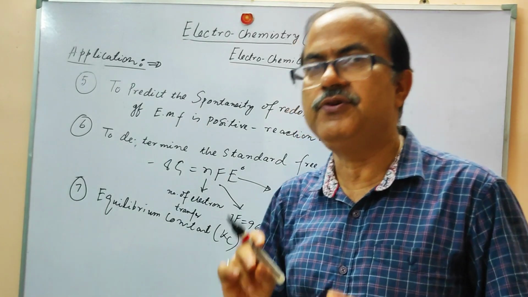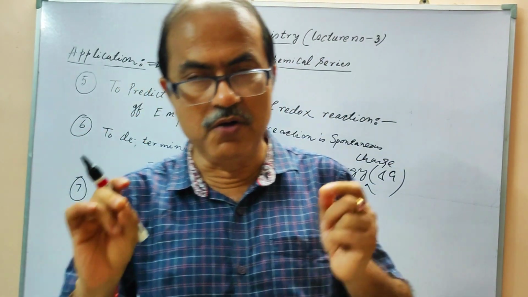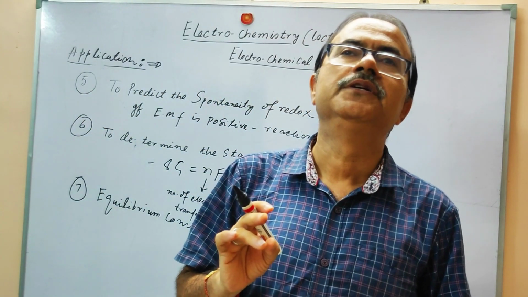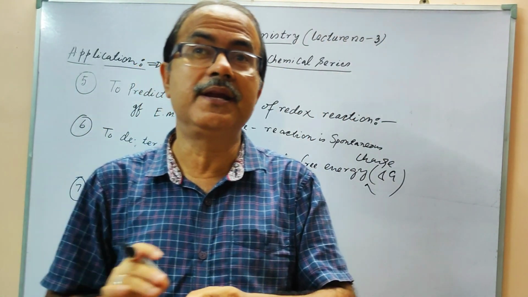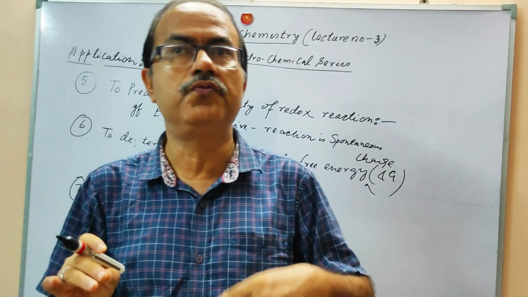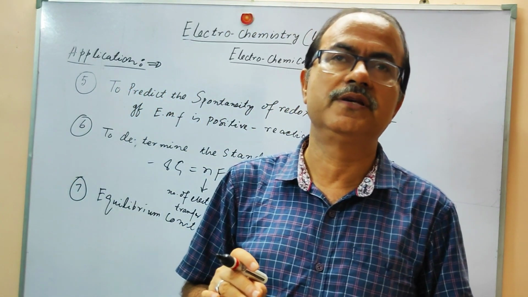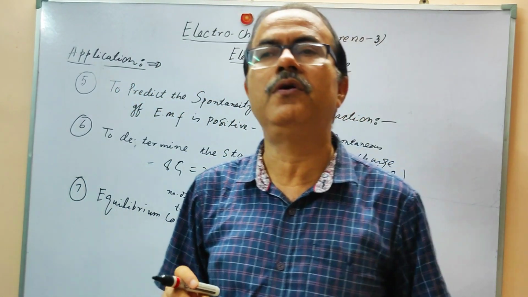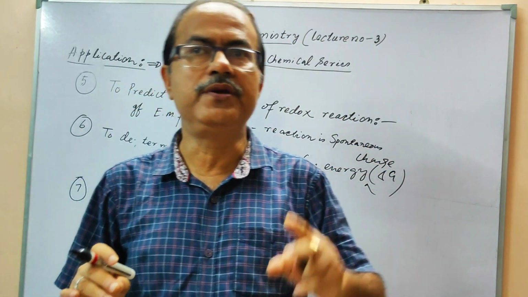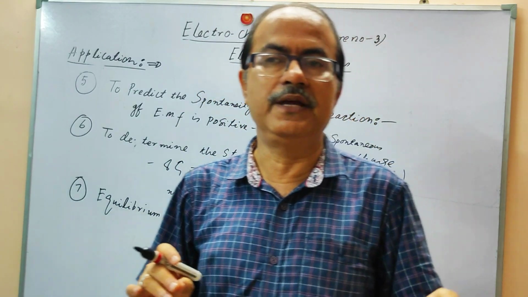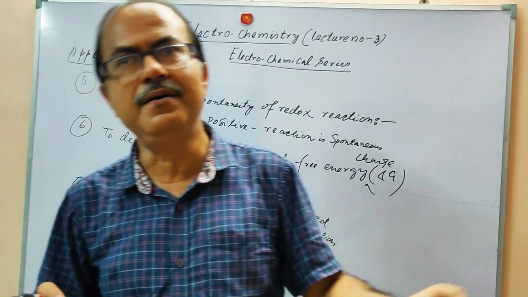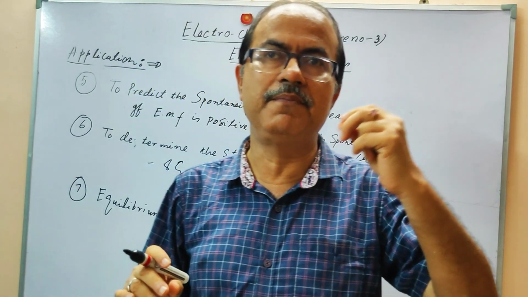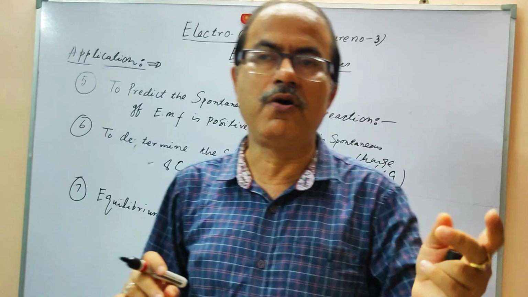First application, we can predict the relative power of the oxidizing agent and the reducing agent. Number 2, we can predict whether the metal can react with the acid or not to produce H2 gas. Third, we can calculate the EMF of the cells. 4th one, we can understand the relative activity of different types of metals, whether a metal will replace another metal from its solution.